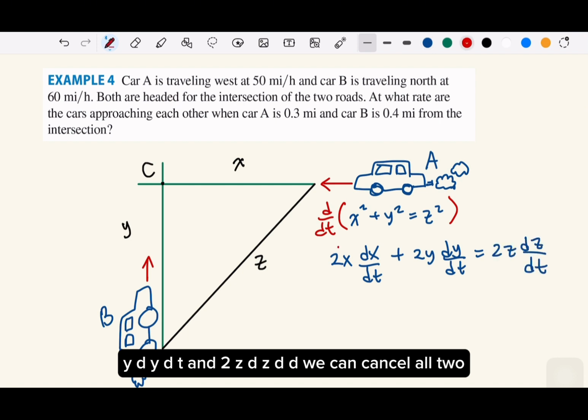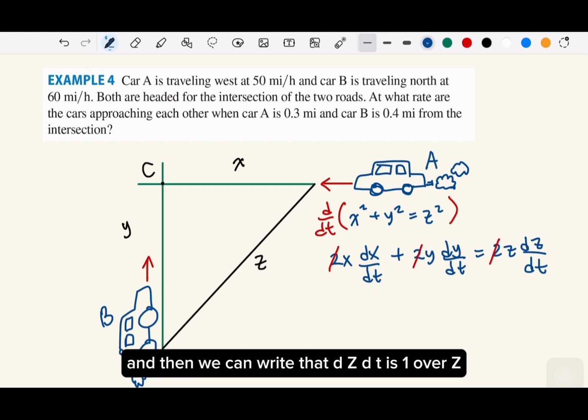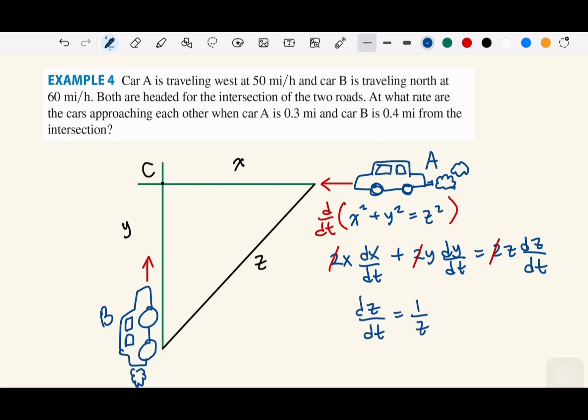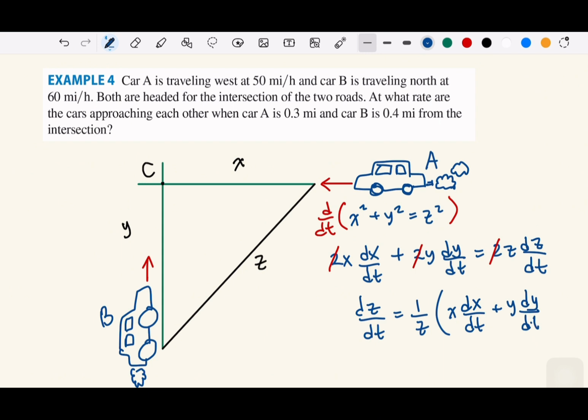We can cancel all 2. And then we can write that dz/dt is 1 over z times x dx/dt plus y dy/dt. Okay.